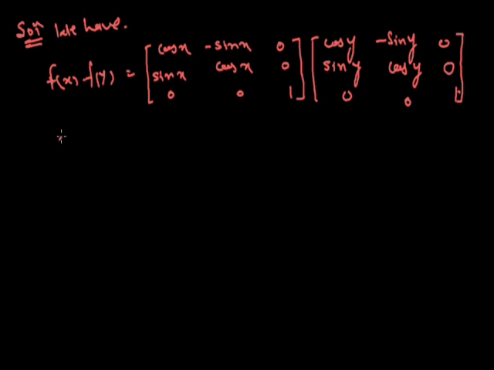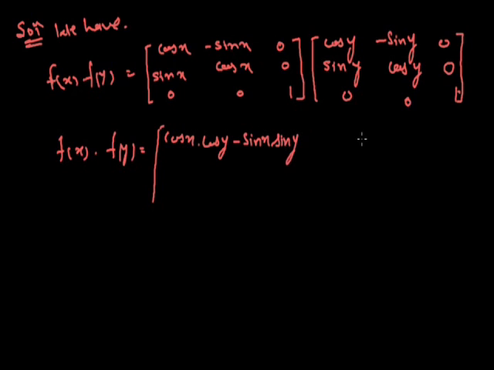Now the f of x into f of y, now multiplying, we get cos x cos y minus sin x sin y. Now here we get minus sin y cos x minus sin x cos y, and 0.